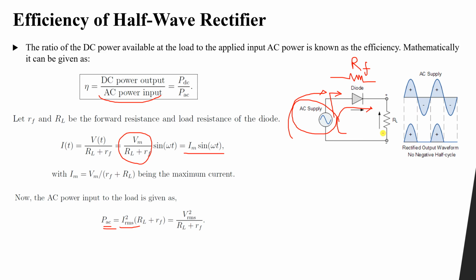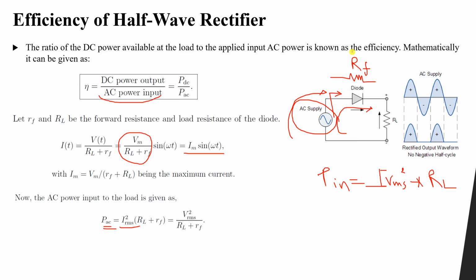In the previous example, example 1, we assumed that the resistance of the diode was equal to 0. So all of the power coming from the supply was going only to the load. That's why the power input, when we calculated the power factor, was equal to IRMS square multiplied by the resistance of the load.